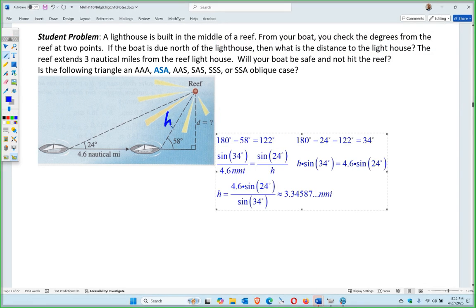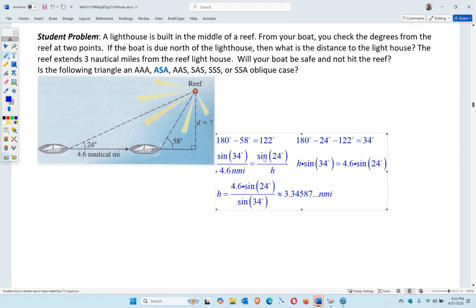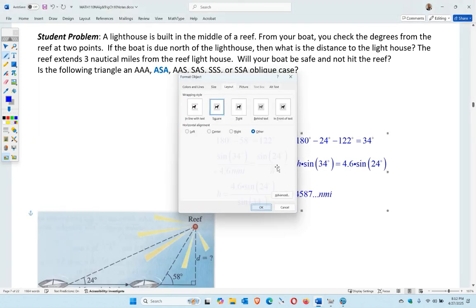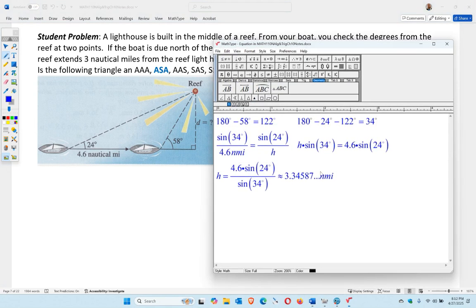So I have h. So now I have a right triangle, so I have to do opposite and hypotenuse, which is regular old sine in SOHCAHTOA. Right? It's not law of sines or law of cosines because it's a right triangle. Okay, so picture layout square. Move this up to there.